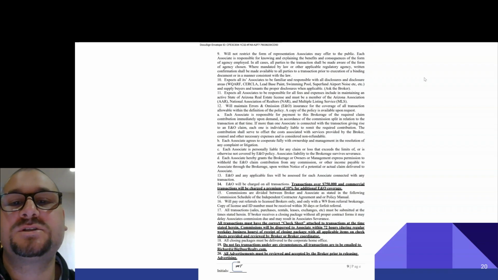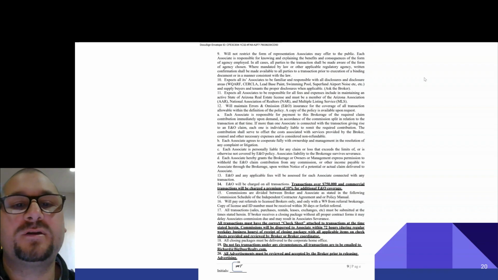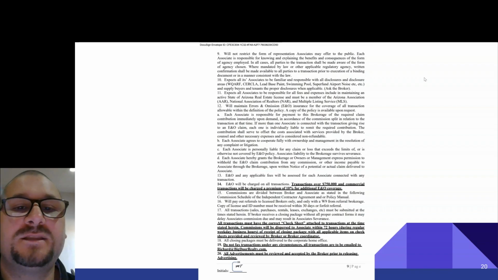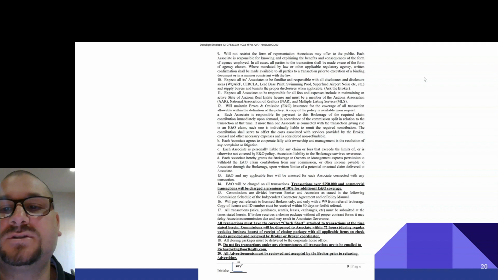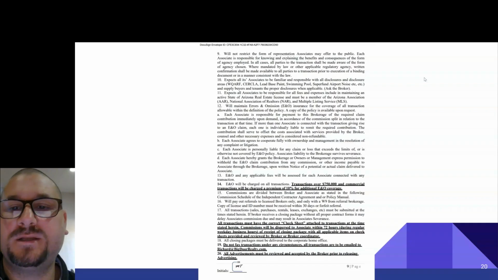Each associate is responsible for payment to the brokerage of the required claim contribution immediately upon demand, in accordance to the commission split in relation to the transaction at that time. If more than one associate is connected with the transaction giving rise to an E&O claim, each one is individually liable to remit the required contribution.